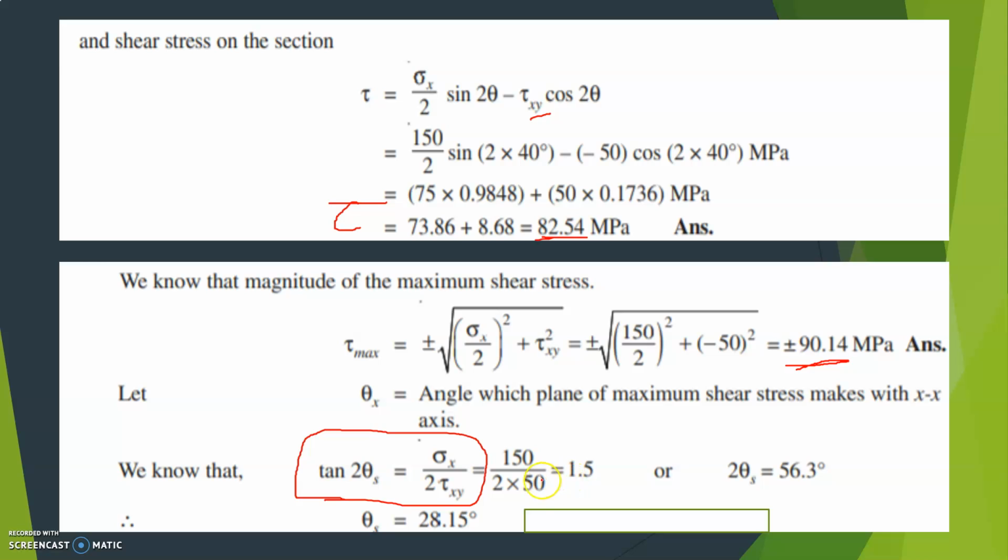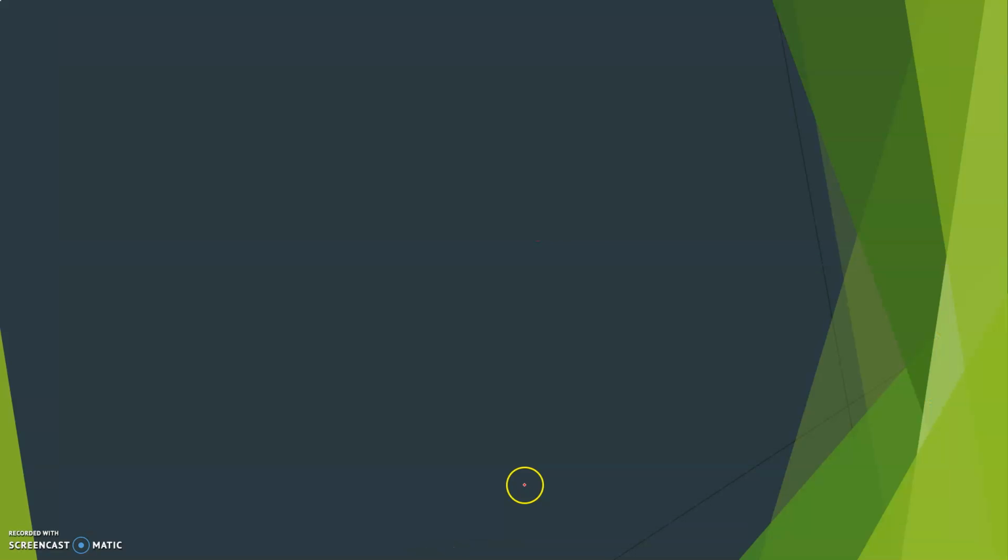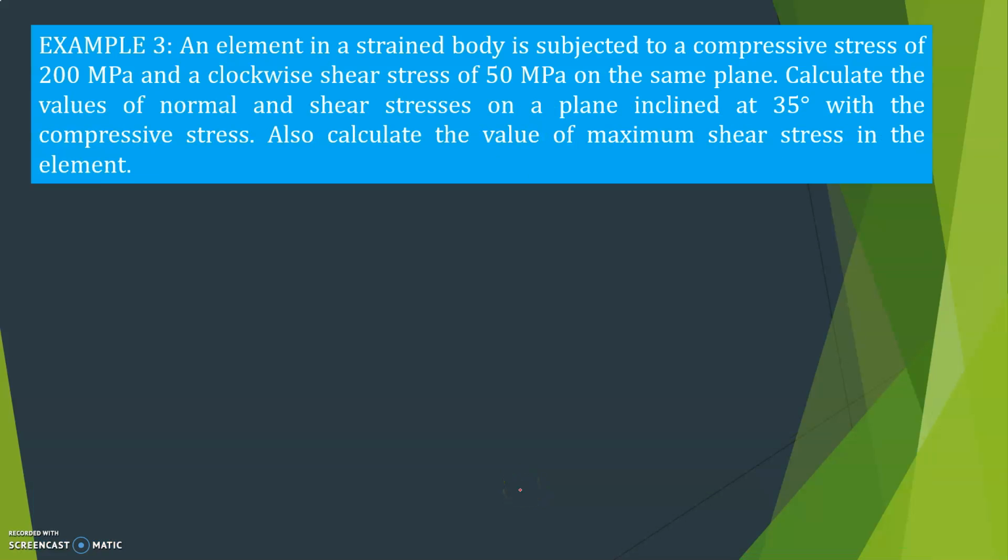Simplify this, you get 2 theta s is equal to tan inverse of 1.5, which is 56.3. We want theta, so theta s is equal to 56.3 divided by 2, that is equal to 28.15. So this is the direction of the shear stress.